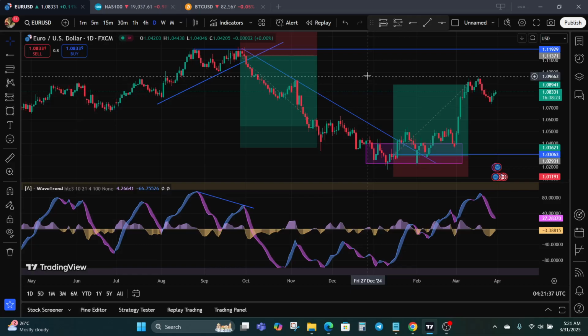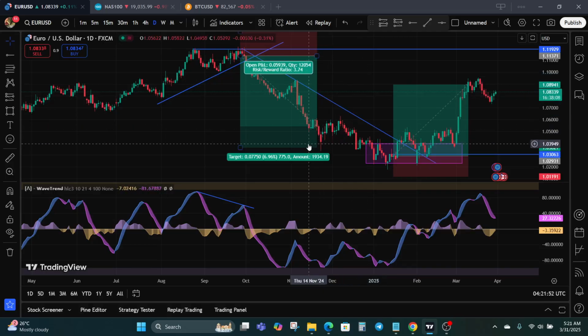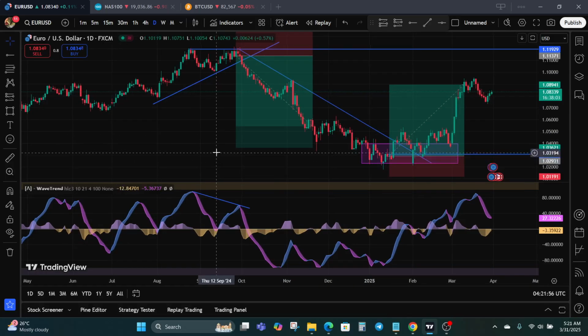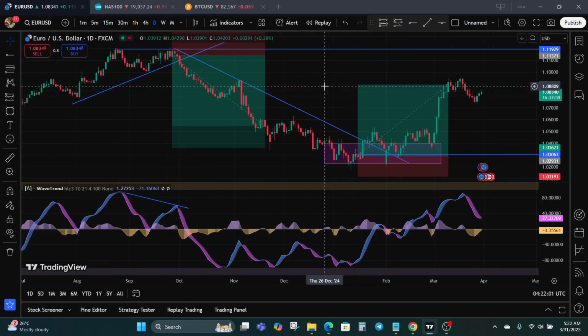The indicator works on Forex, stocks, crypto, and indices, making it highly versatile. Also, it helps traders confirm trend exhaustion before entering a trade, and it works great for day trading, swing trading, and scalping strategies.